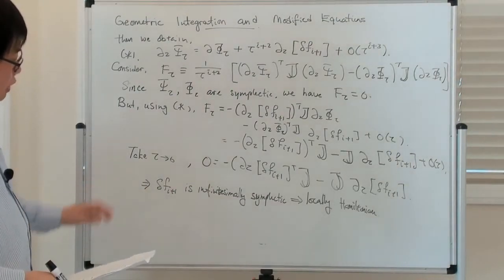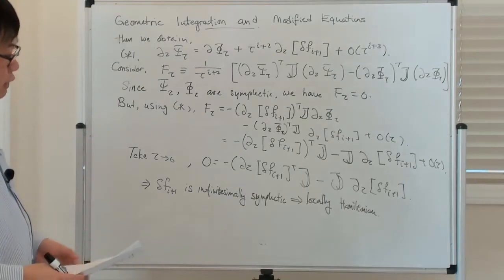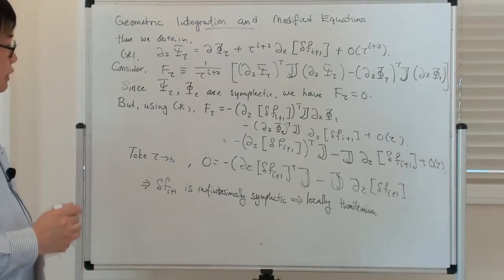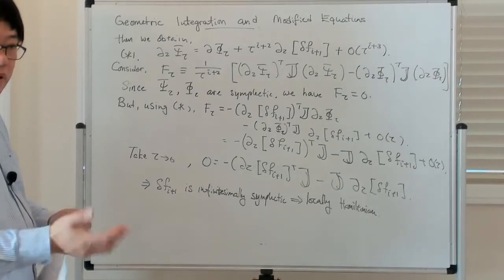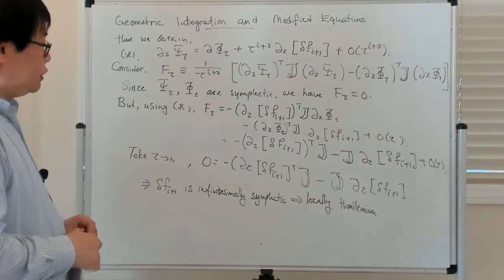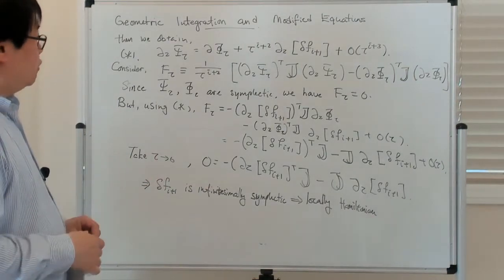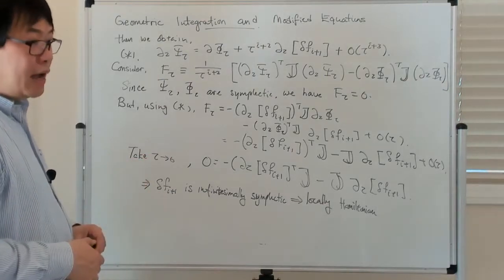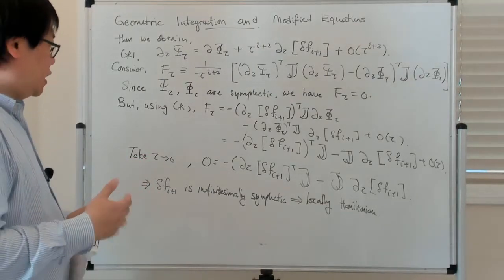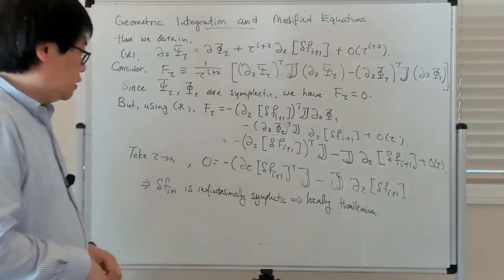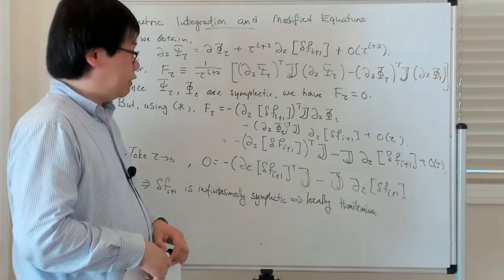Okay, so again, you start with the inductive hypothesis: f tilde_0 is just the original vector field, which is by assumption Hamiltonian. And then what this induction says is that if f tilde_i is Hamiltonian, then the additional correction you introduce can also be thought of as coming from a Hamiltonian.